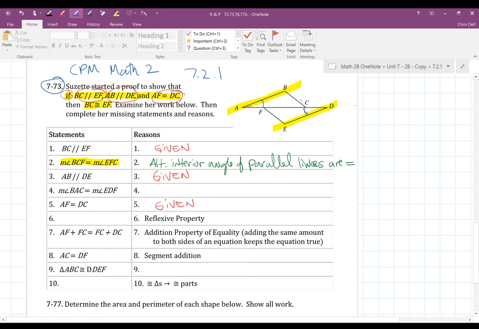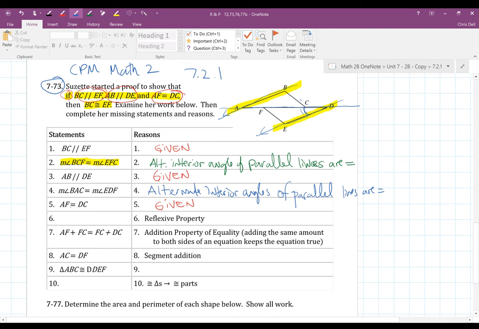Once again, I have a transversal cutting these two parallel lines. So there's my transversal, and once again the reason is alternate interior angles of parallel lines are equal. Same reason as number two.